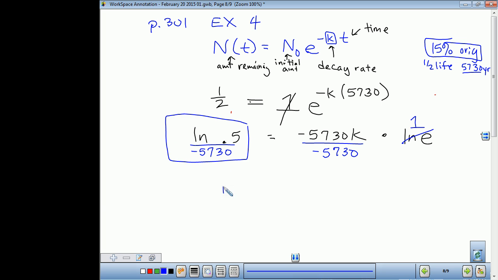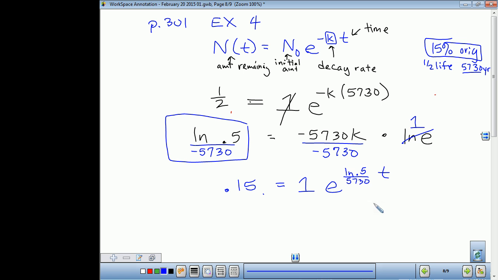Let's finish. So now let's address the rest of the problem. When will there be 15% of the original? So now what number goes here? 0.15. And now we know K. Well, this is negative K, and this is negative, so when I plug it in, it becomes positive, doesn't it?